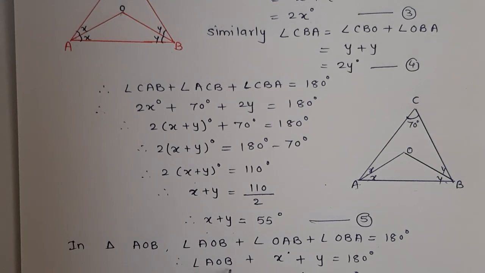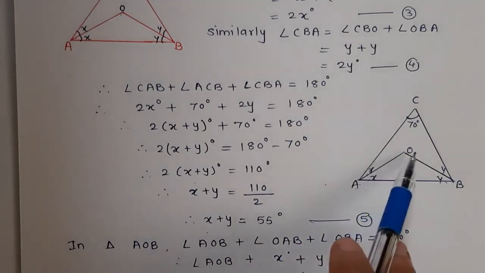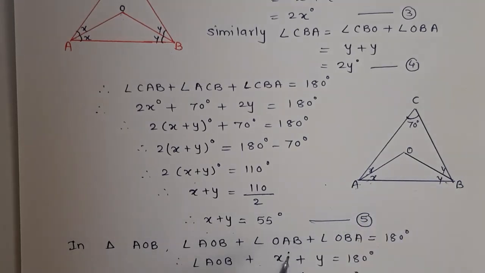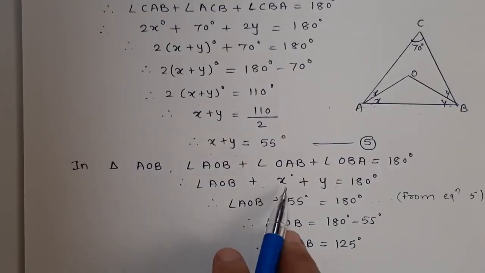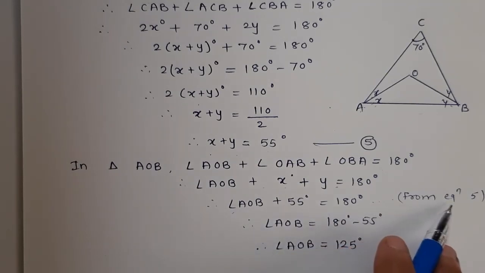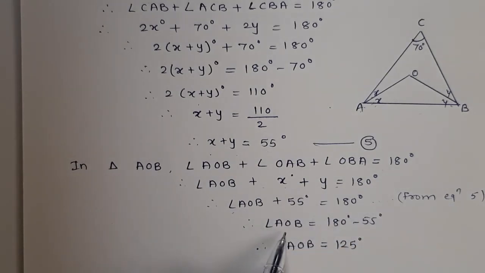Therefore AOB plus, here OAB is nothing but x and OBA is nothing but y. So instead of that we can write x plus y. But x plus y equals 55, from equation 5. So AOB plus 55 equals 180. So AOB equals 180 minus 55. So we get the measure of angle AOB equals 125.